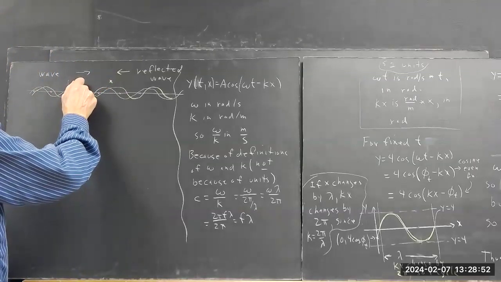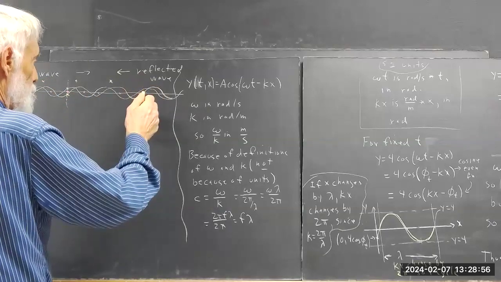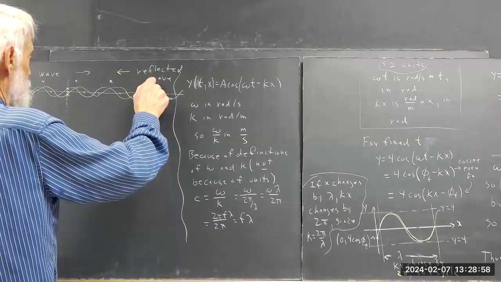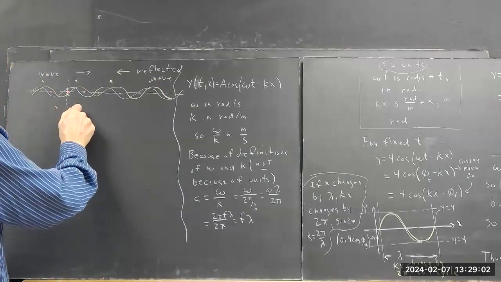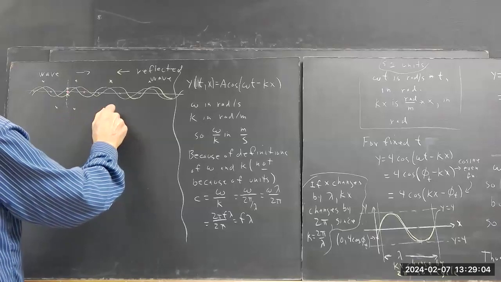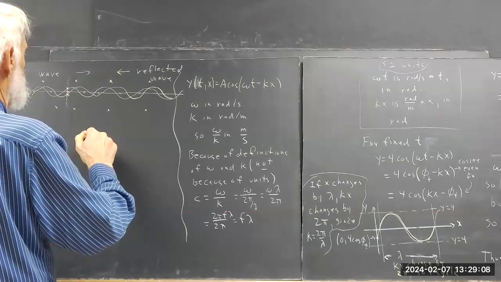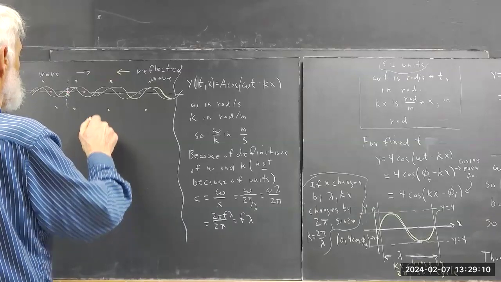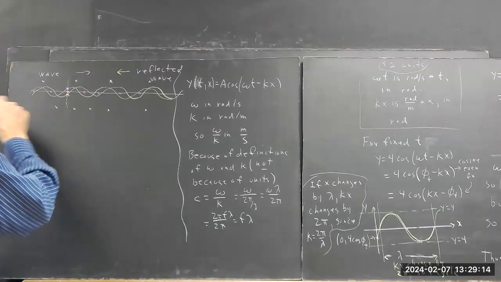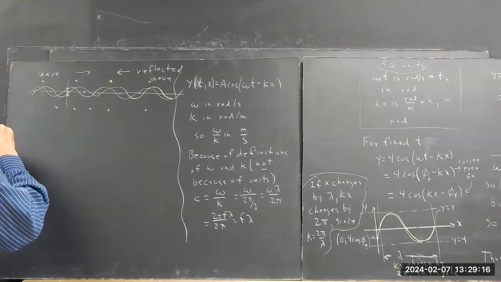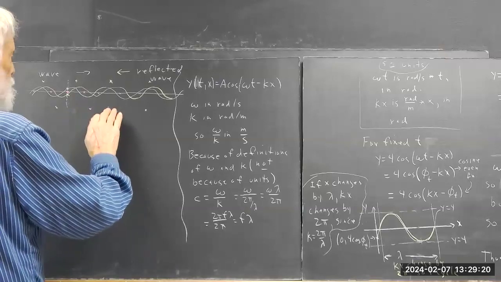That's going to happen maybe about here, maybe about here. Maybe not exactly there, but somewhere around there. Again, it's not perfectly drawn. And same thing on the other side. There should be one in here, and there'll be one over here.